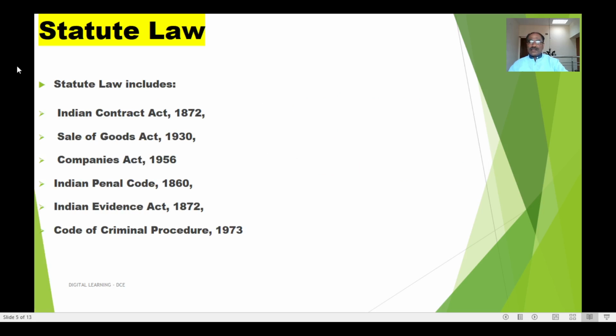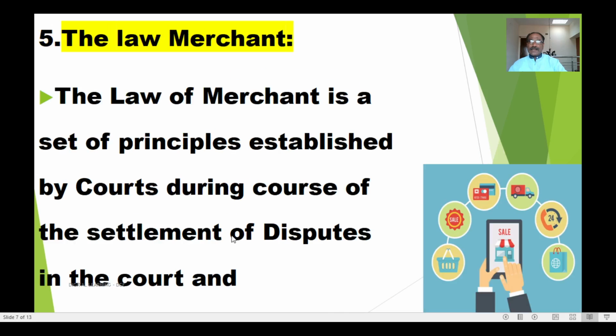The statute law includes the Indian Contract Act of 1872, the Sale of Goods Act of 1930, the Companies Act of 1956, the Indian Penal Code 1860, the Indian Evidence Act of 1872, and the Code of Criminal Procedure 1973.